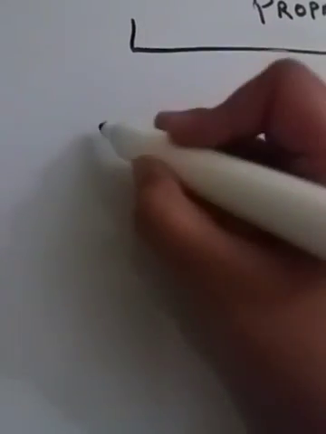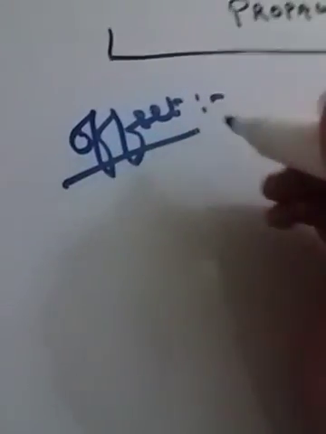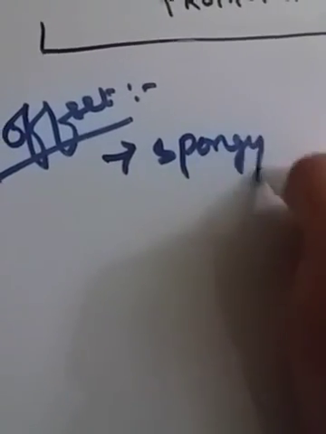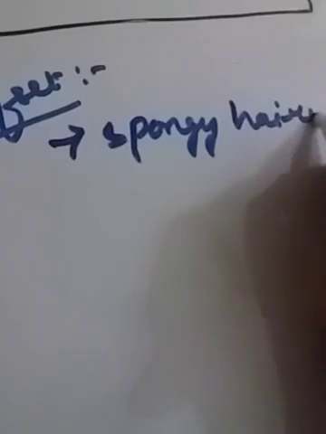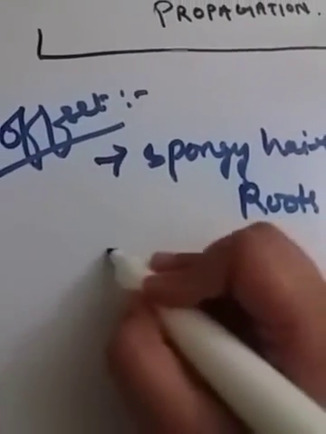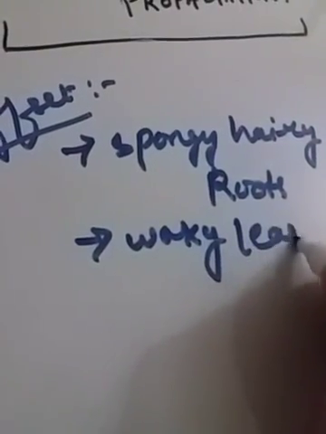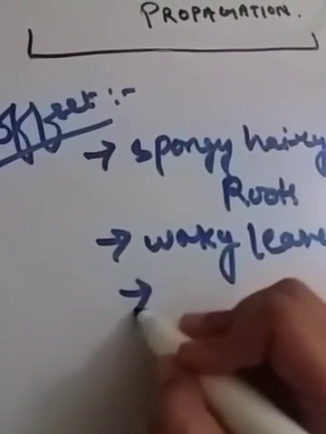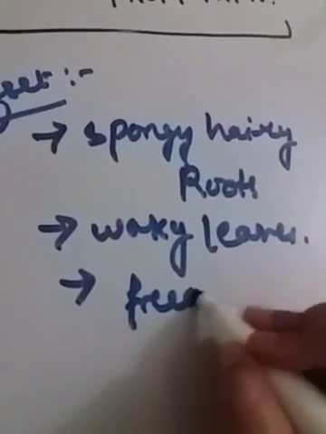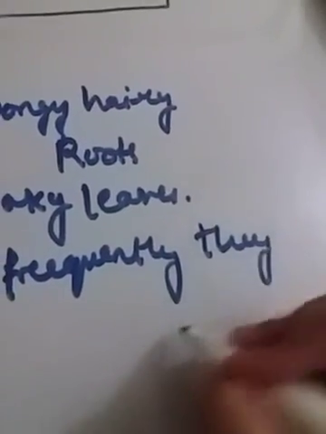Now let's see the diagram of offset. They have spongy hairy roots, waxy leaves, and frequently they detach.